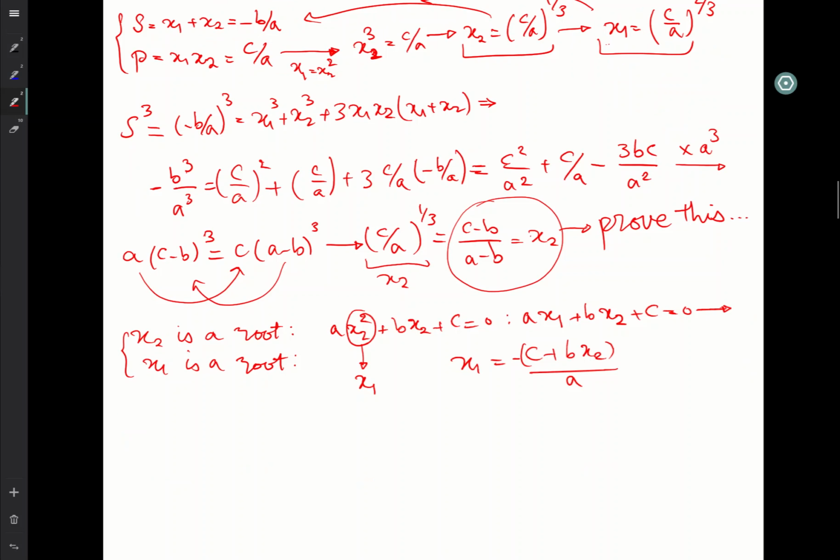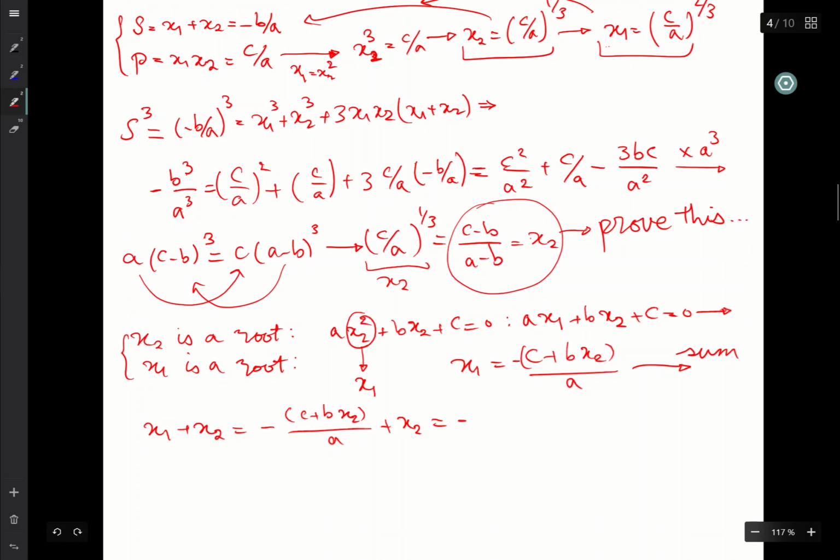But if I put it back into the sum, x1 plus x2 becomes minus c plus bx2 over a plus x2, which should be minus b over a, right? And then let's multiply by a.